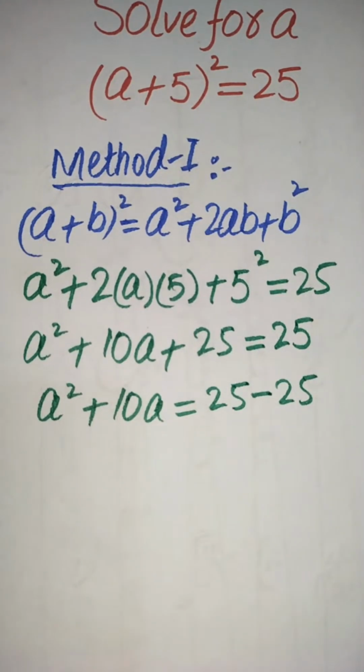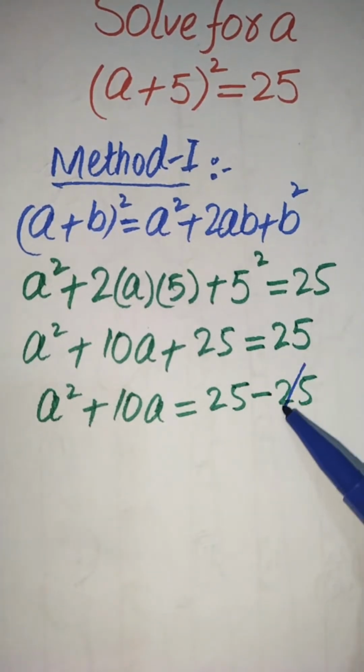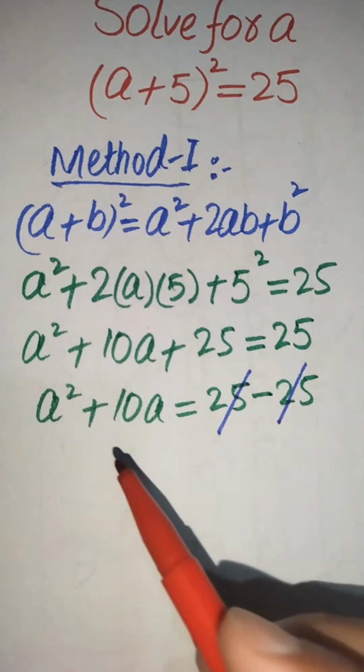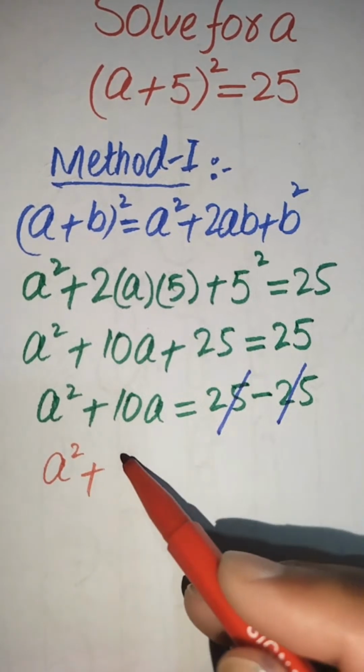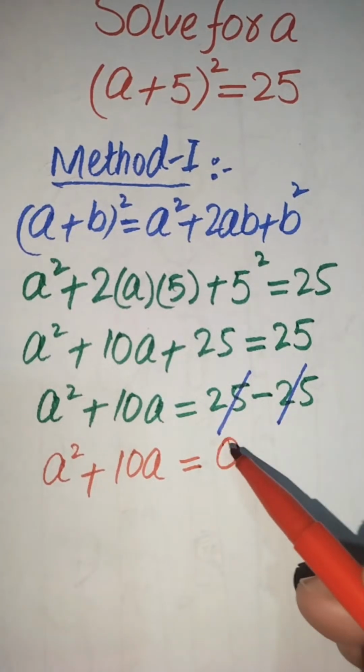Further, the negative 25 is cancelled out by the positive 25, and we get a square plus 10 times a is equal to 0.